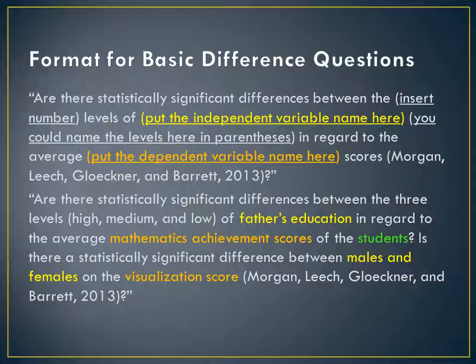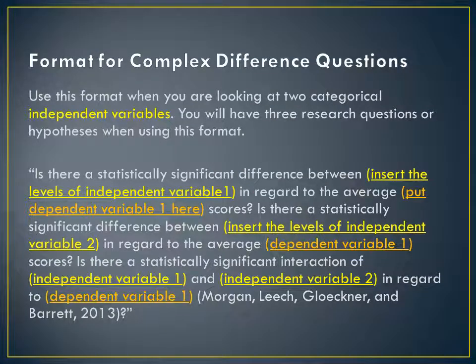Notice that on the top where we see yellow, I have inputted the independent variable. Where we see orange, I've inputted the dependent variable. And also remember to include your population. So formatting for a complex difference question is as follows.